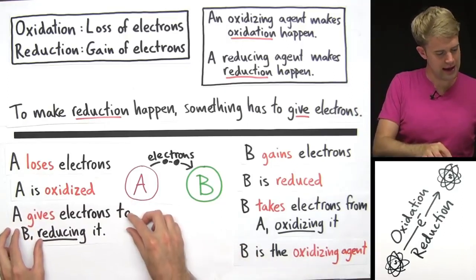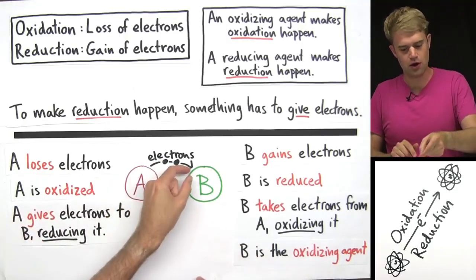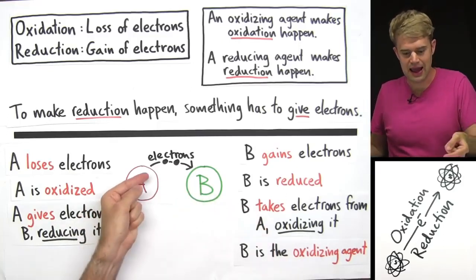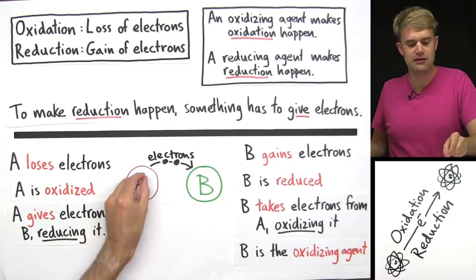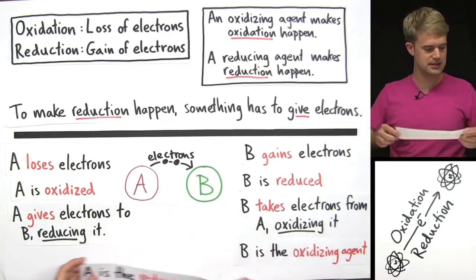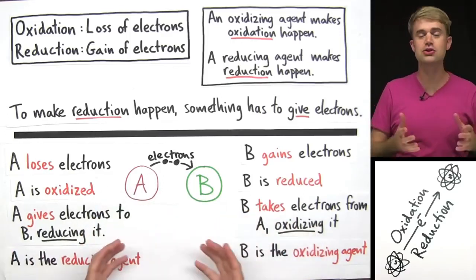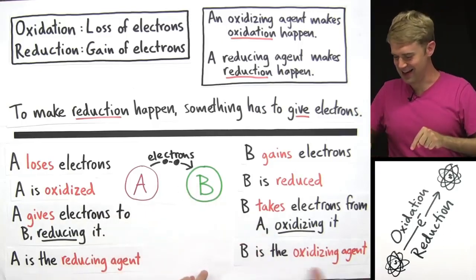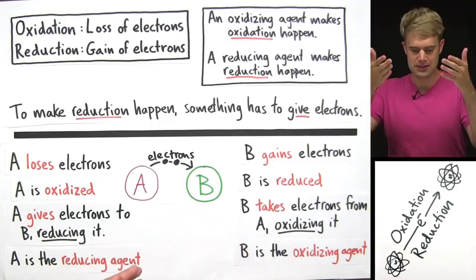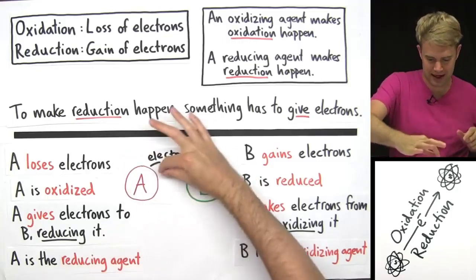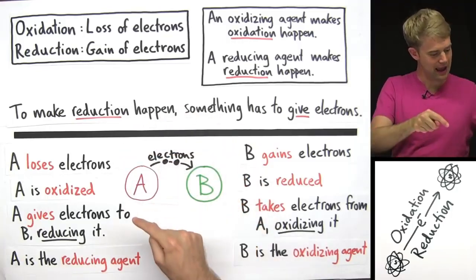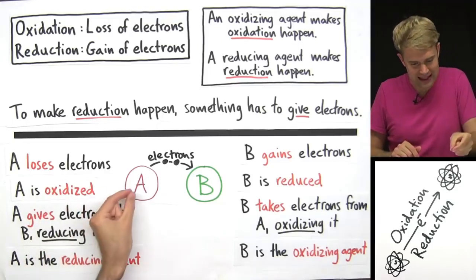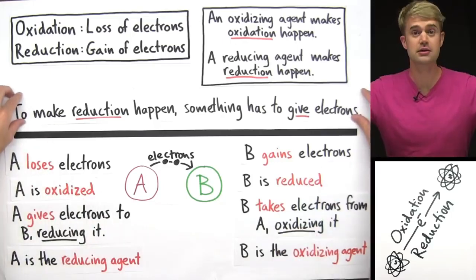A over here gives electrons to B, allowing it to be reduced. And since A is making this happen by giving the electrons to B, we can say that A is the reducing agent, okay? So B is the oxidizing agent. It's making oxidation happen by taking the electrons from A. A is the reducing agent. It's making reduction happen by giving the electrons to B.